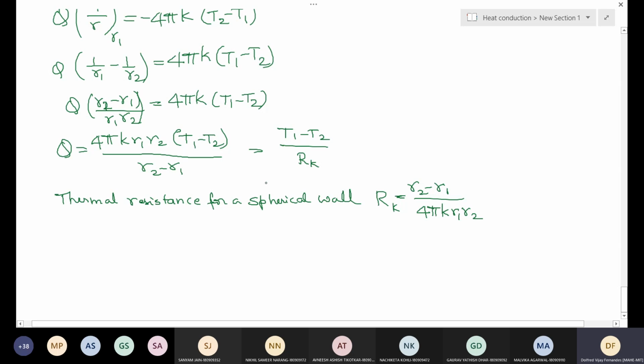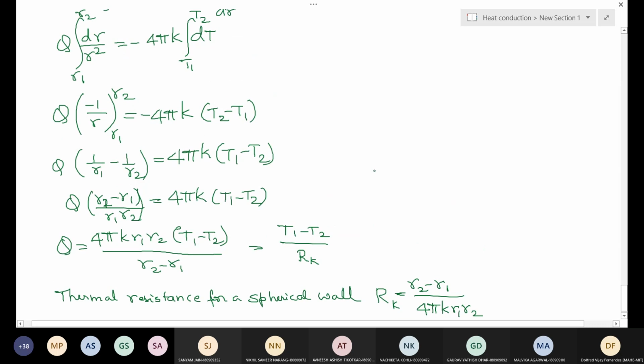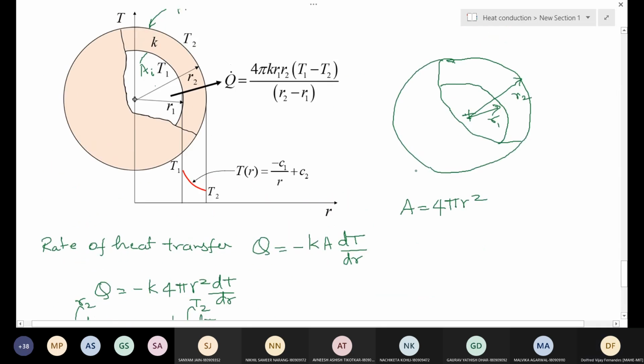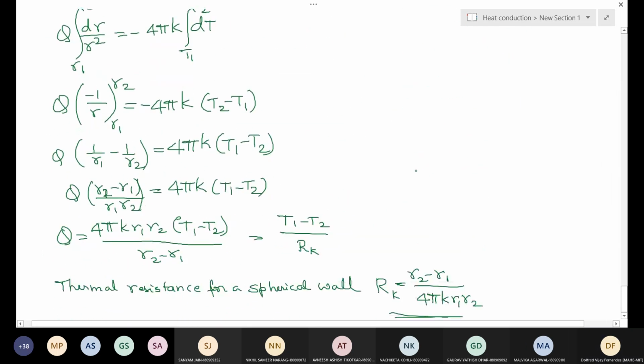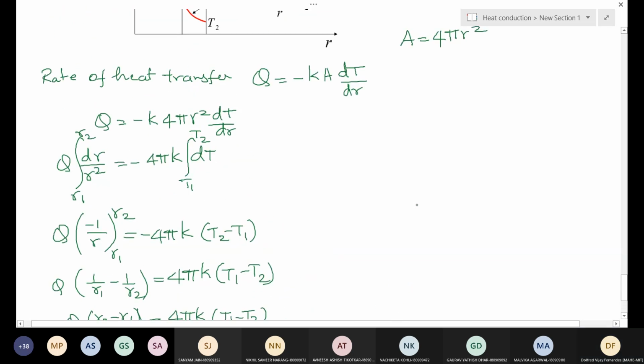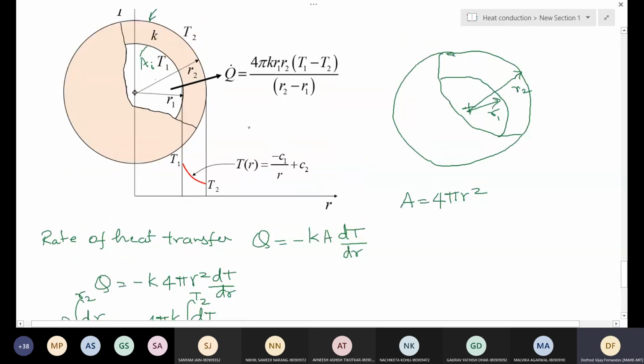So this is the thermal resistance for the spherical wall. You can call this conduction resistance. Similarly, we will have a convection resistance later for the different walls.